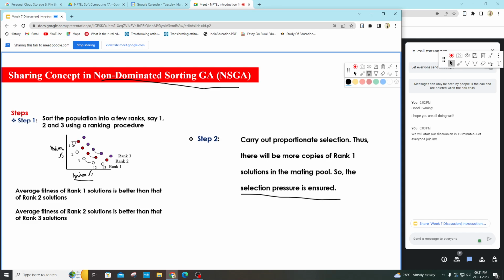So you can compare any two points among 1, 2, 3, 4, 12, 13 and you will see that no point dominates any other point. That is why these white points constitute a front. Similarly these red points also constitute a front. Similarly these violet points also constitute a front. Now what if we compare the three fronts?